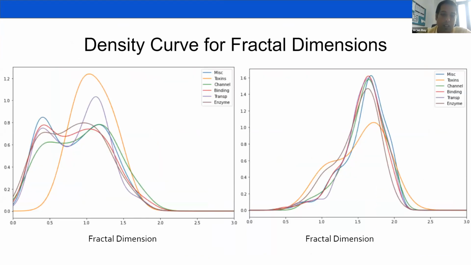When we looked at the density function of these fractal dimensions, first of all there seems to be a bimodal nature of the cavity shapes in terms of fractal dimensions, apart from toxin, which I would disregard because there were very few representative structures in this class. When we talk about polychains or complexes, all of them fall into a very mean, median fractality.